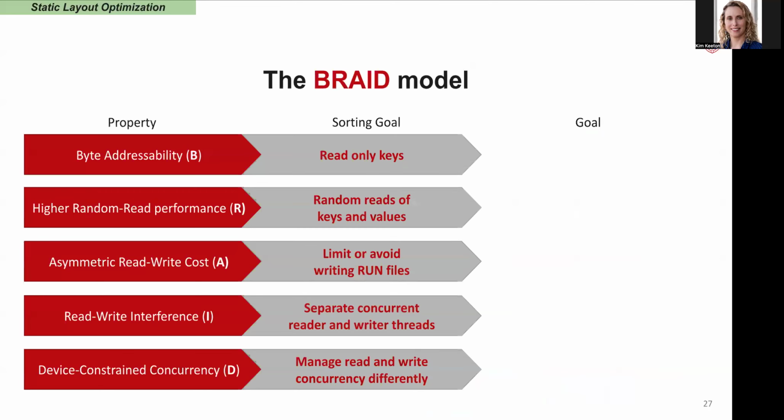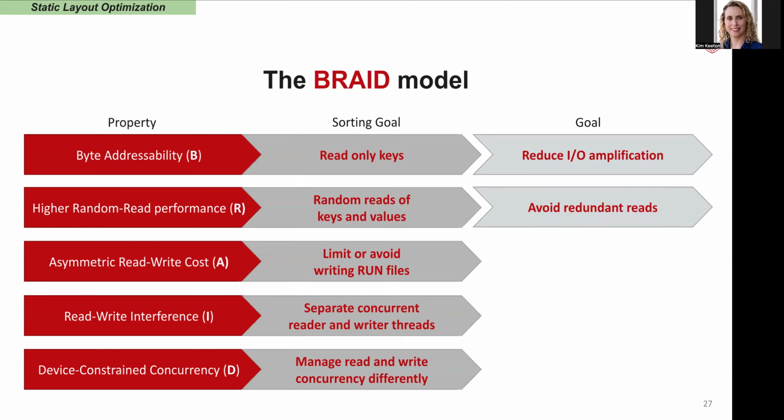To recap and generalize these learnings from the sorting goal to a generic goal: first, byte-addressability means not just reading only keys, but reducing IO amplification. Simple. Higher random reads means avoid redundant reads, where you can design your algorithm to avoid reads that are unnecessary at a given time.